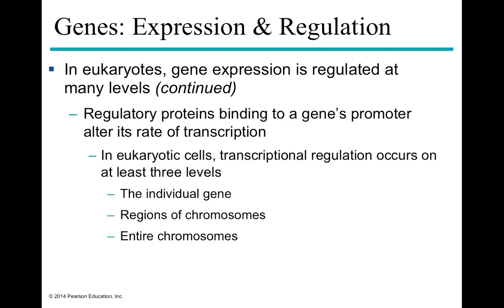Okay, so we can have regulatory proteins binding to a gene's promoter inside the nucleus, altering its rate of transcription. And we can have transcriptional regulation at 3 levels. We can have just the gene, the region, or the entire chromosome. So if we go back to the idea that this chromosome is going to be a cookbook with hundreds of recipes in it, but you want to edit it before you decide which ones get passed on.